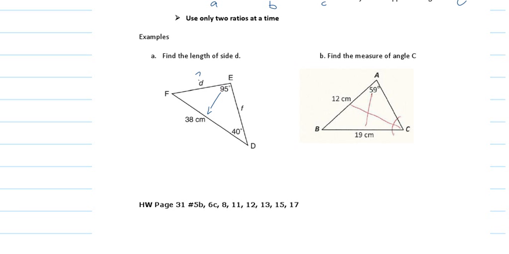Okay? So let's name that. So since I'm looking for a side, that means the side is going to be on the top. So it's going to be D over sine D. I'm looking for a side, so my side has to be on the top.